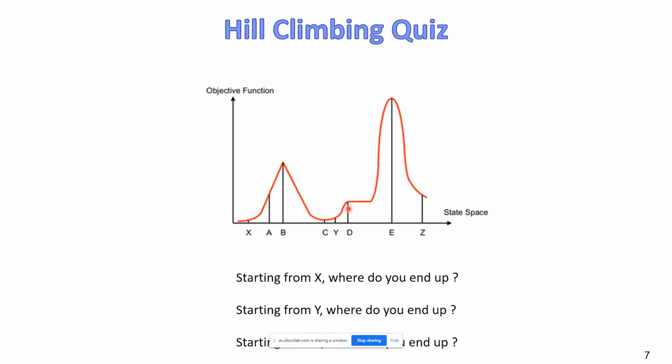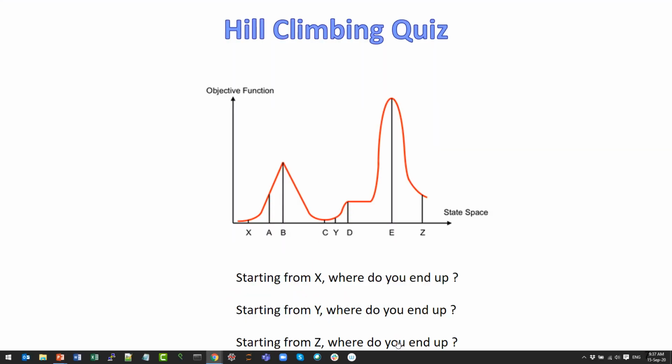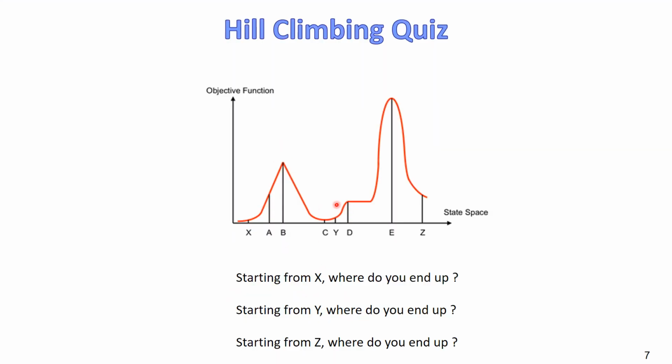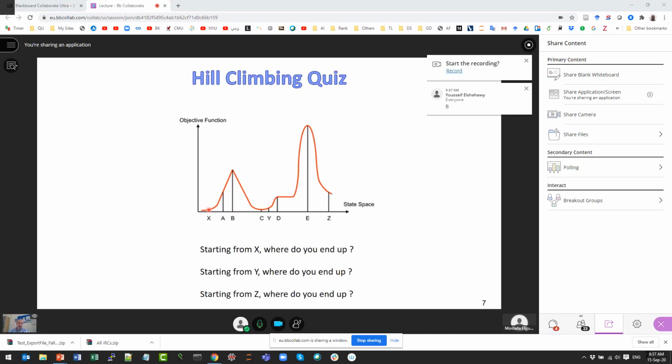Let me take this quick quiz, and then I will answer questions if you still have any. Let's say that this is another relation between state space and the objective function. If we start from x here, let's say that we are in state x, where will we end up? Any idea?